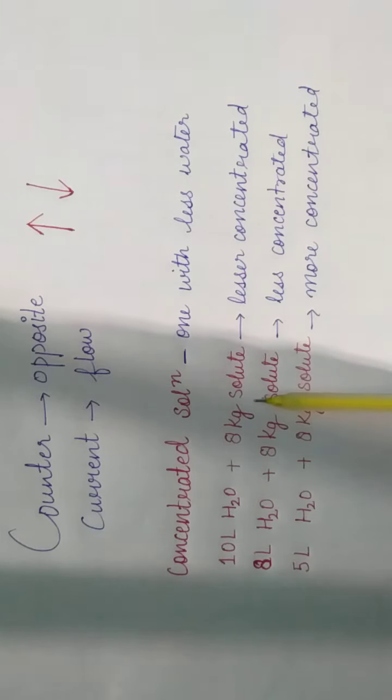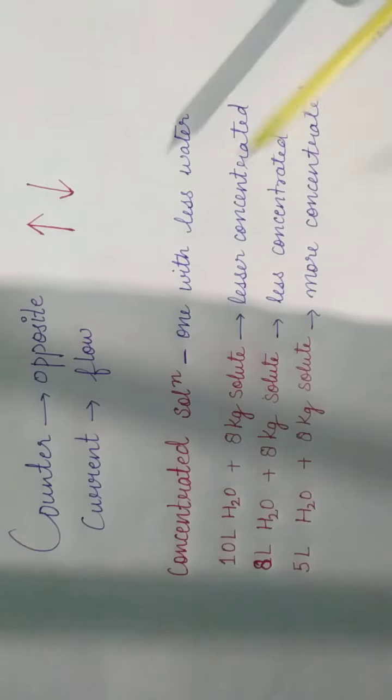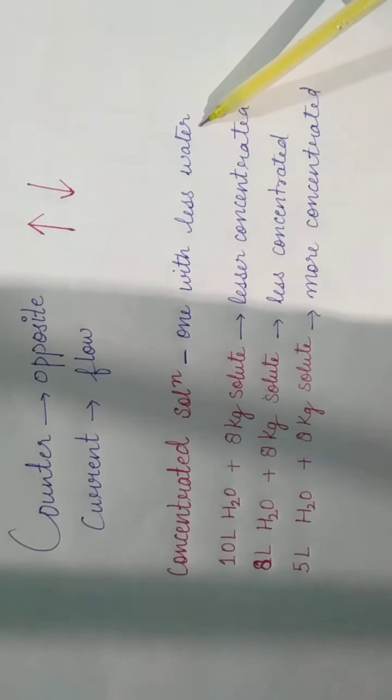Then this is less concentrated, and in another solution there is 8 liter water and 8 kg solute, then this is more concentrated, and in a third solution there is 5 liter water and 8 kg solute, then this is the most concentrated.